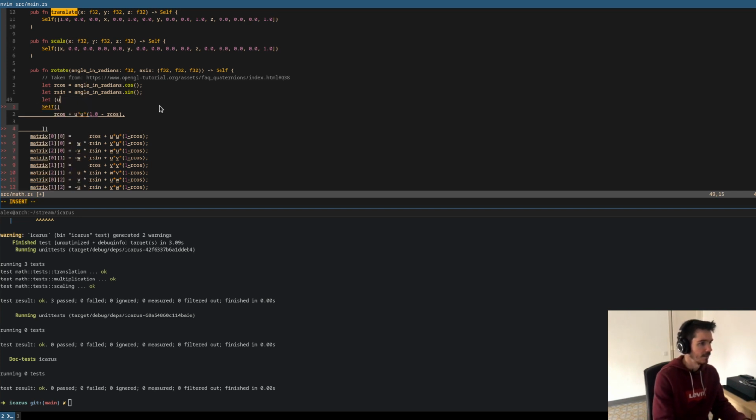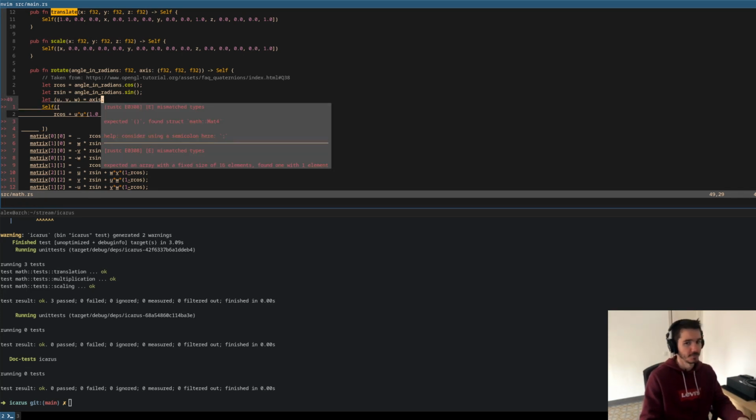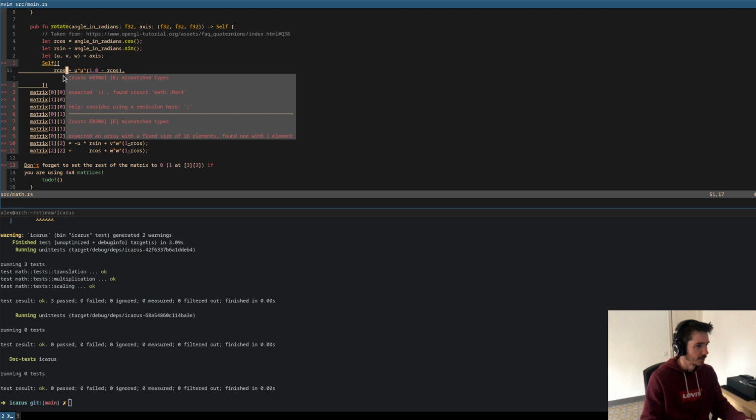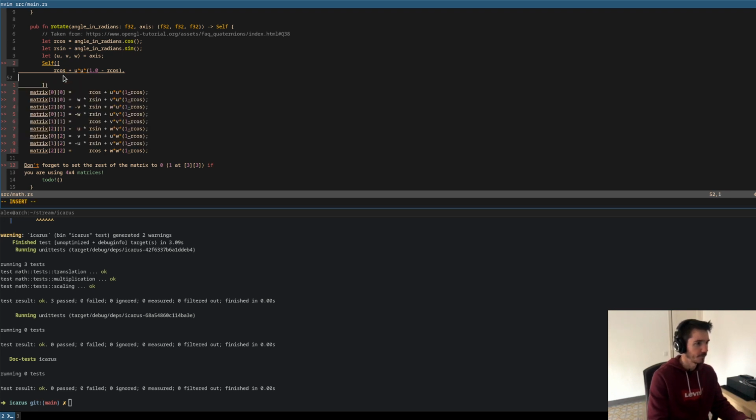Let u, v, w equal the axis. Now we can more closely copy the formula. So the second column is W times R sine plus V times U times 1 minus R cos.